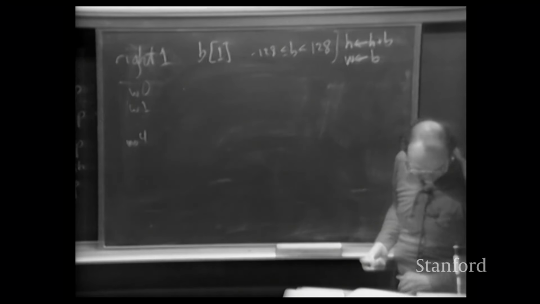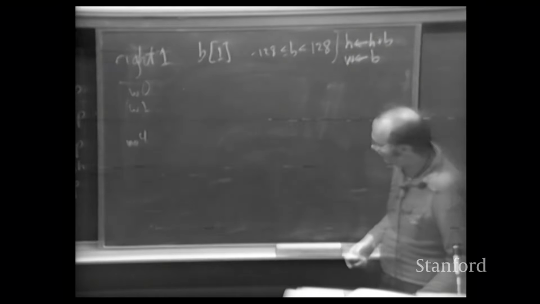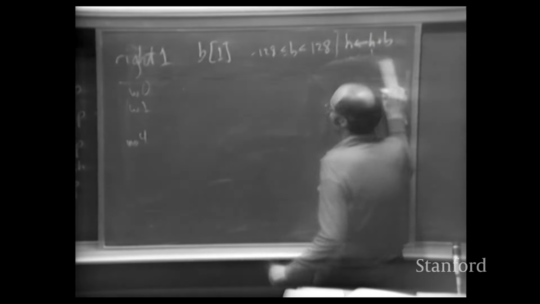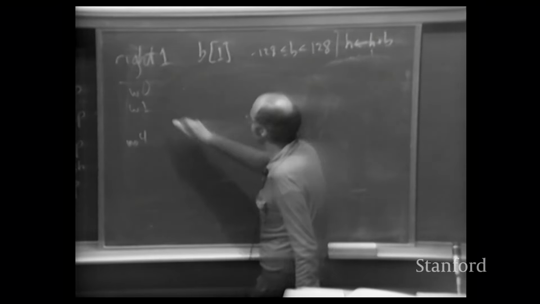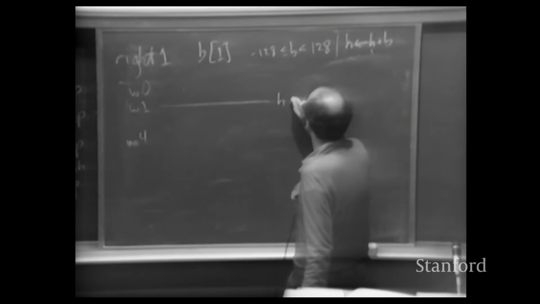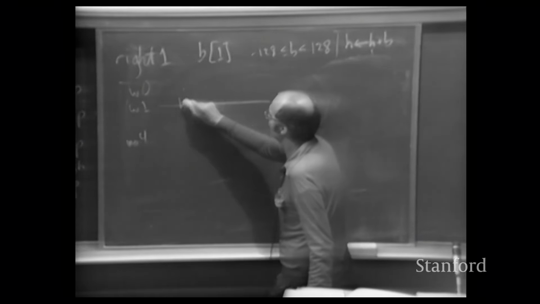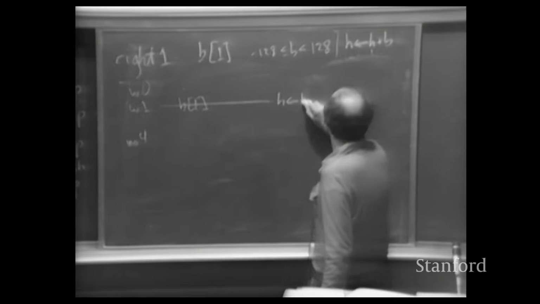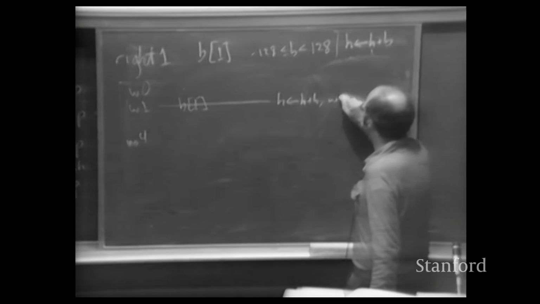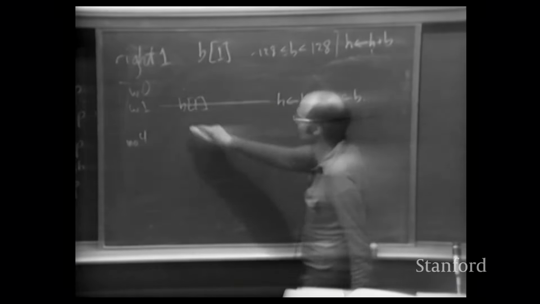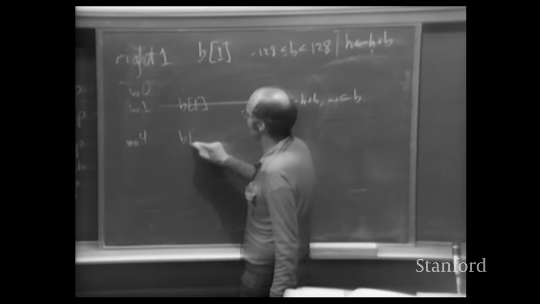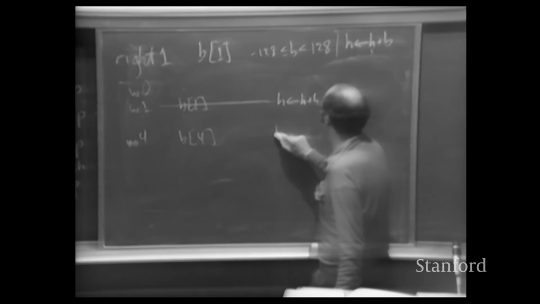Oh, wait a minute. No, that's not right. No, I'm sorry. Sorry. w1 is a command that sets h to h plus b, and there's a b1 associated with this guy: h to h plus b and w to b. And similarly, w4 is followed by a 4-byte parameter and does the same thing.